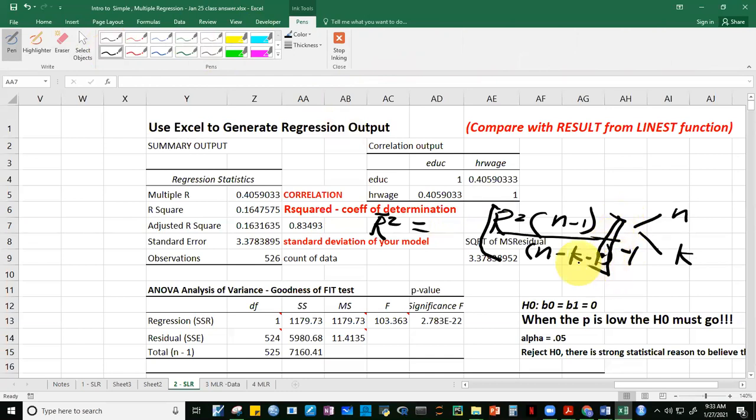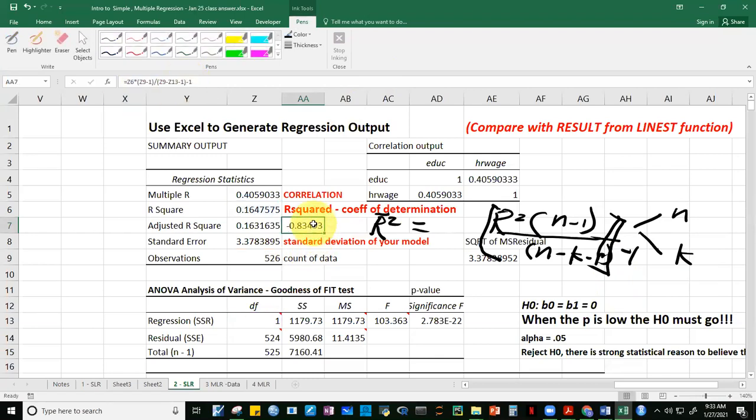Oops. Digital pen is not working well. Okay, baliktarin natin guys yung formula. Okay, so it should be minus 1.